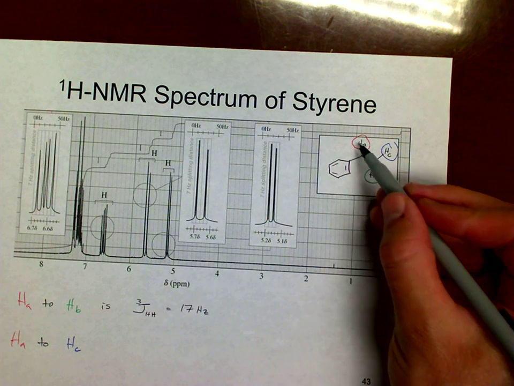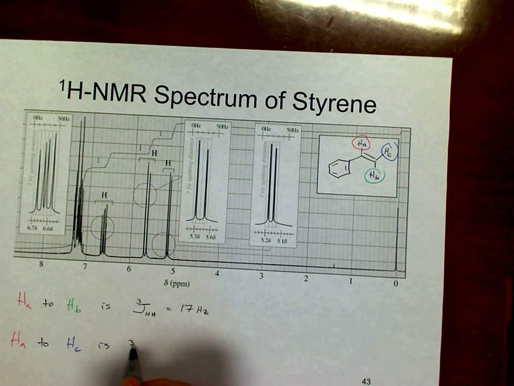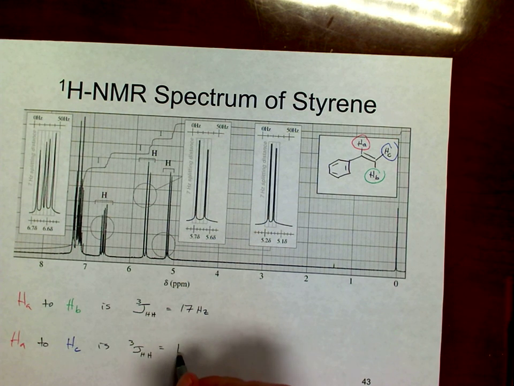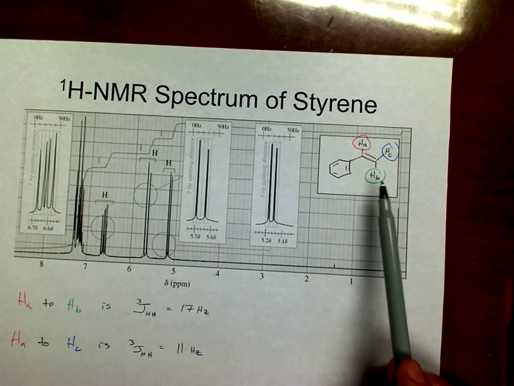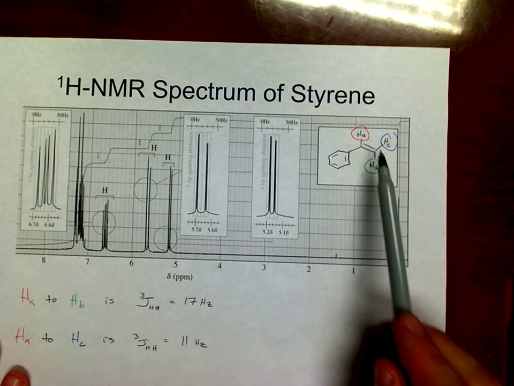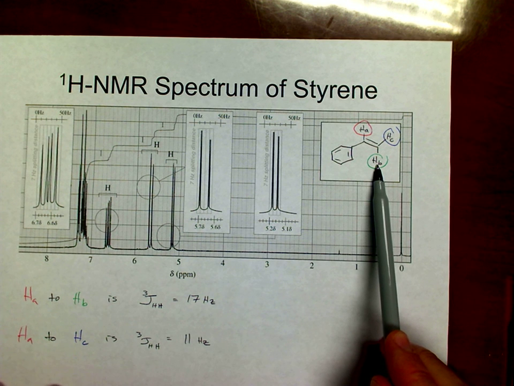So this is a cis orientation, and so the 3-bond coupling for this is around 11 hertz. So this HA sees this HB, so this proton sees one proton. So it splits into a doublet.